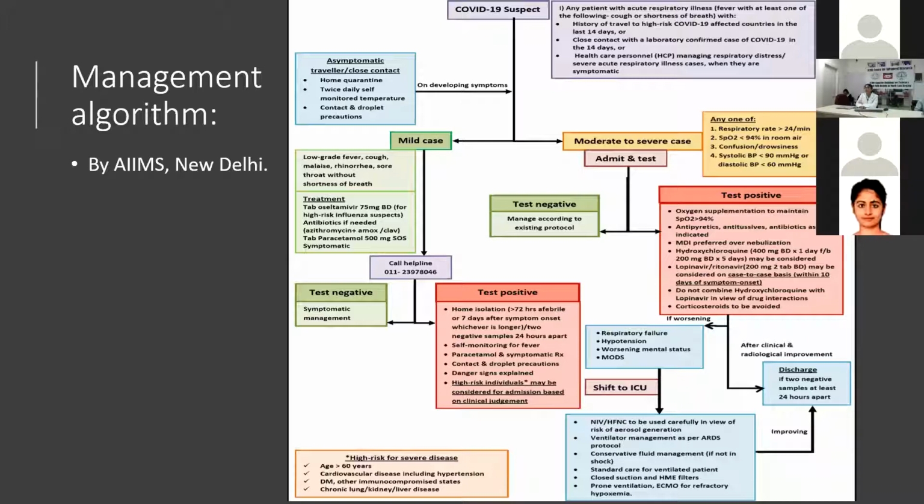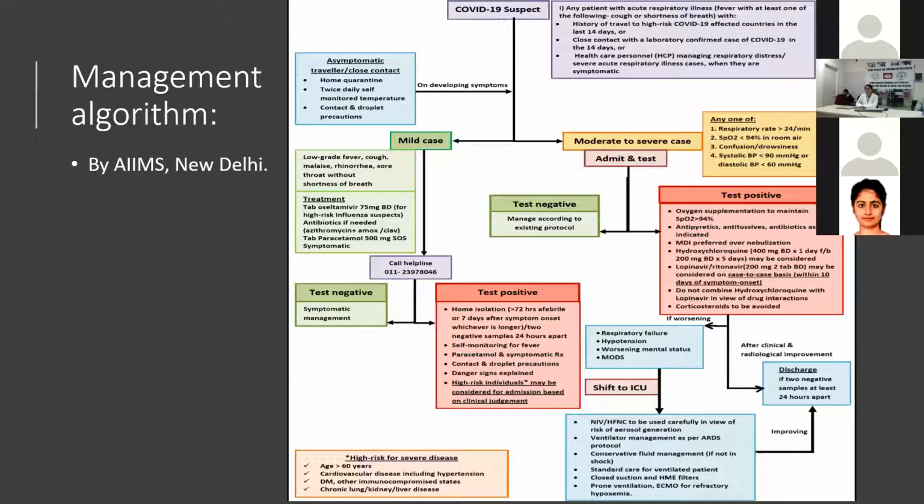Do not combine hydroxychloroquine with lopinavir in view of drug interactions. Corticosteroids are to be avoided. If the patient is worsening, shift to the ICU, and non-invasive ventilation or high-flow nasal cannula to be used carefully in view of aerosol generation, and ventilator management as per ARDS protocol.